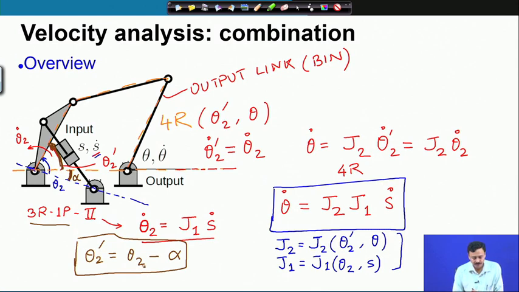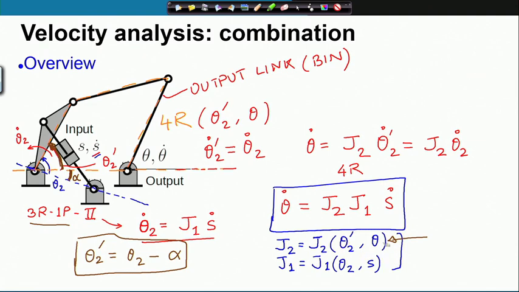So, therefore, we have a relation between theta 2 prime and theta 2, which we can use in this expression and get everything in terms of theta 2 and S. Now, since this is a constraint mechanism, given any one, let us say given S, I should be able to find out everything, or given theta, which is the output angle, I should be able to find out all the other angles and the value of S, which is the throw of the prismatic actuator.